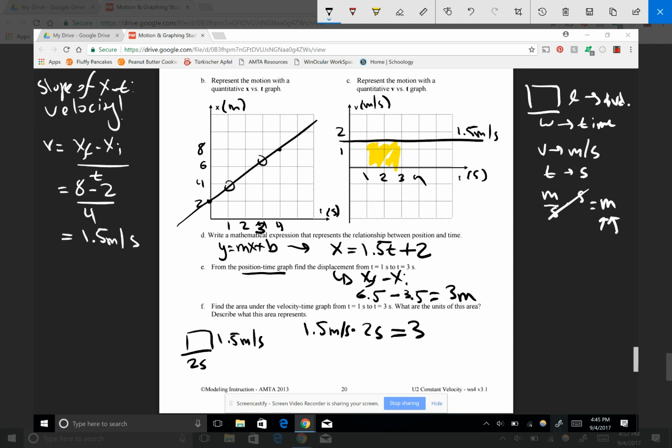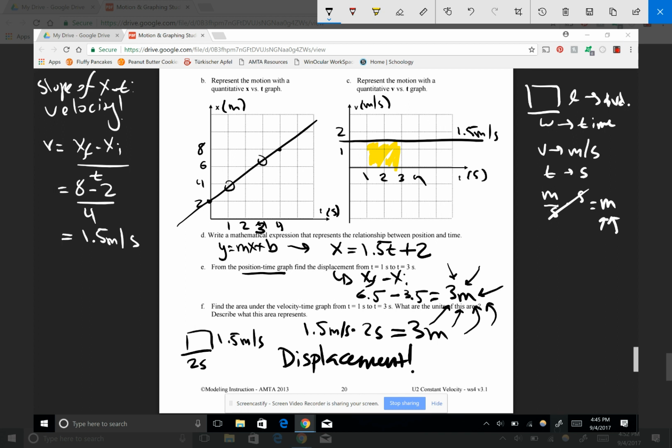It's going to be 3, what's our unit? Meters. Does this look familiar? What do you think this area represents? What do you think it means? It's our displacement! Yay! Fantastic.